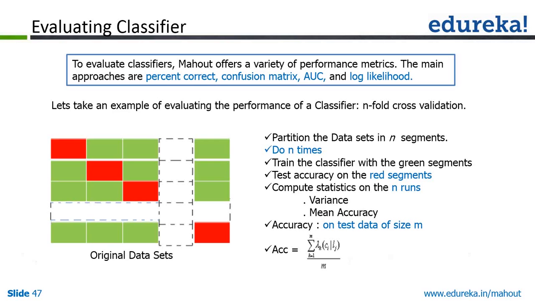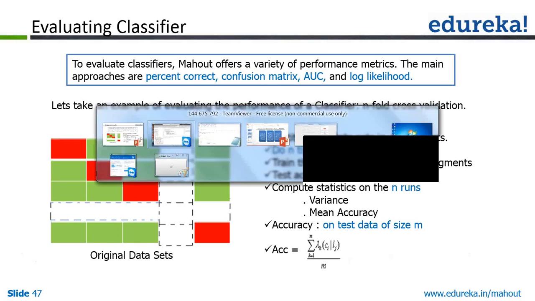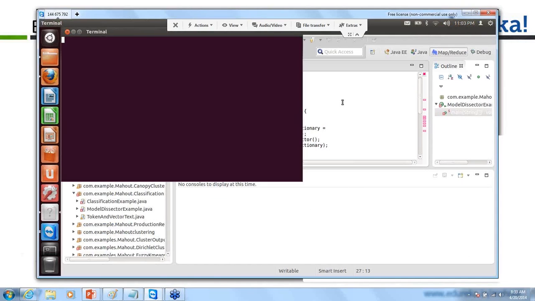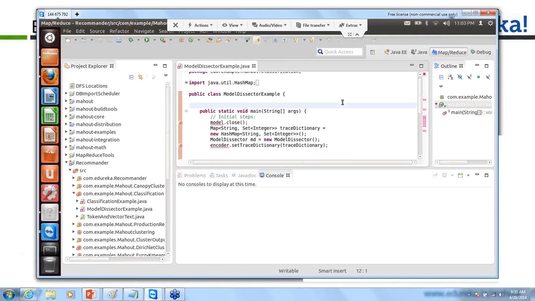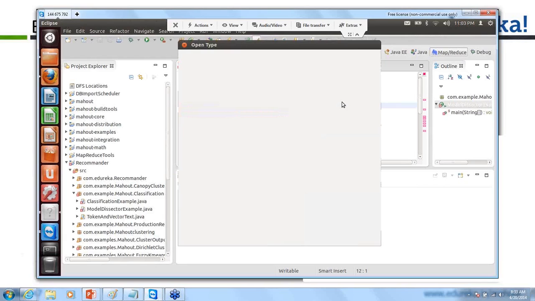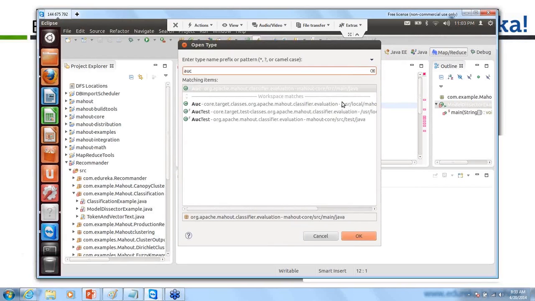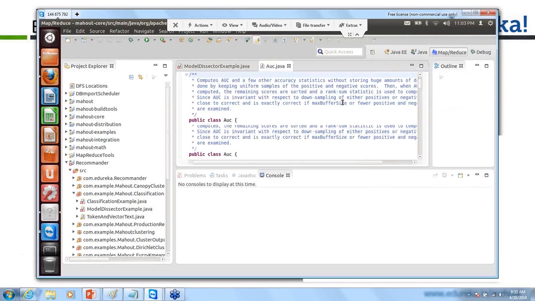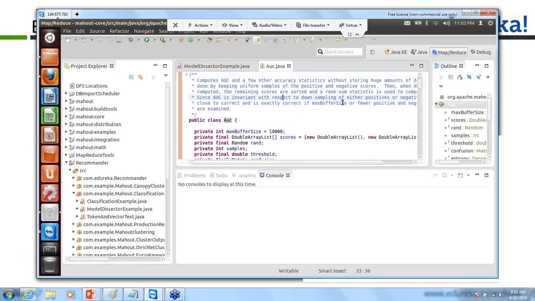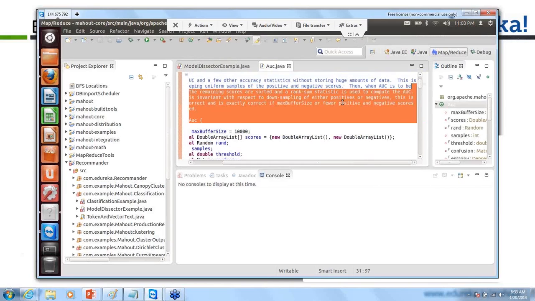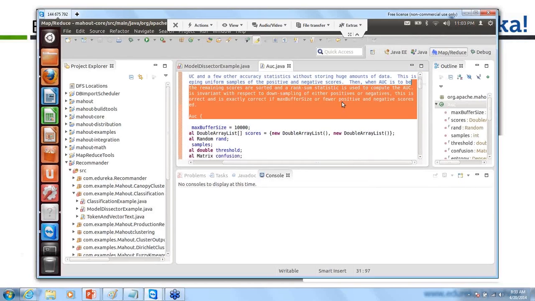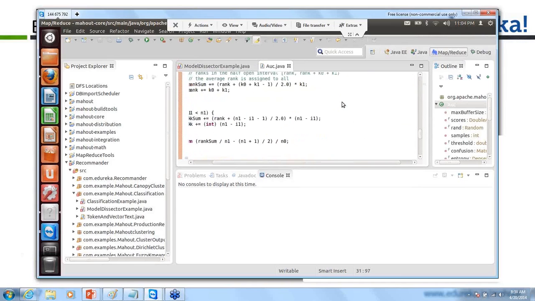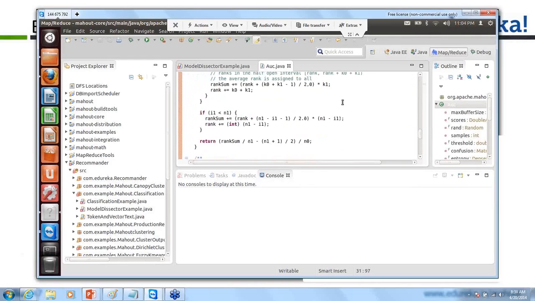Let me go into the system and we will see the API which Mahout provides. For the AUC, there is already a class in the library, so you can find out what area under curve is. There is a little bit of definition in the API, and it gives the mathematical formulas too, about how it is calculated when we provide the AUC metric for the model.